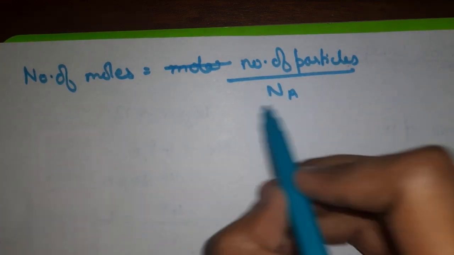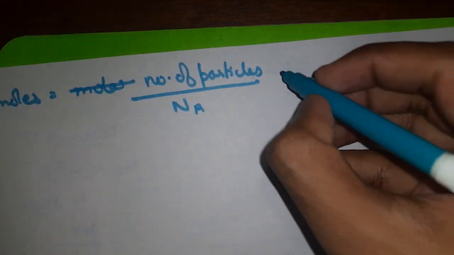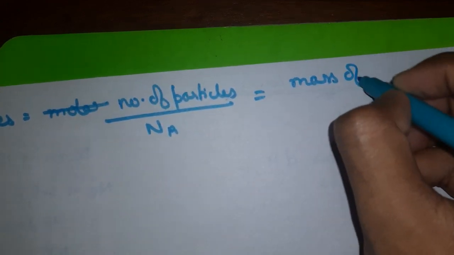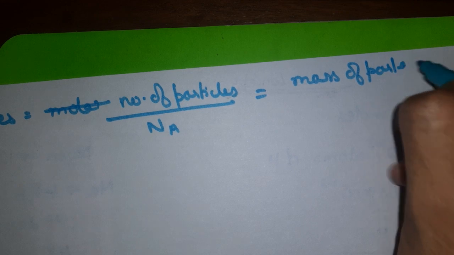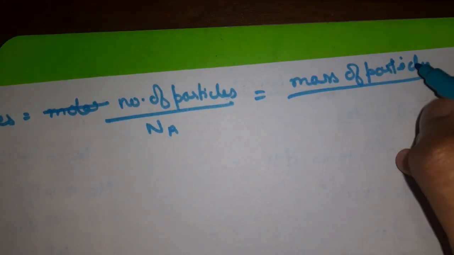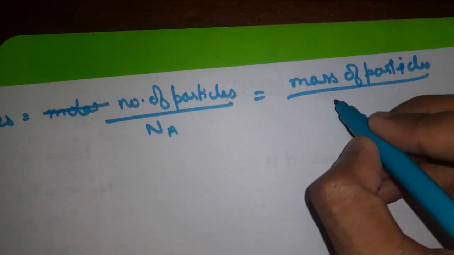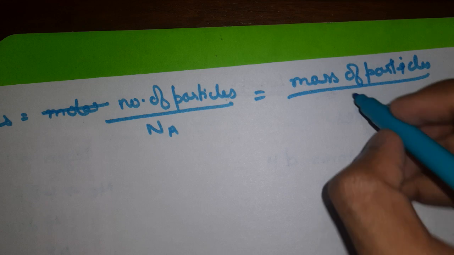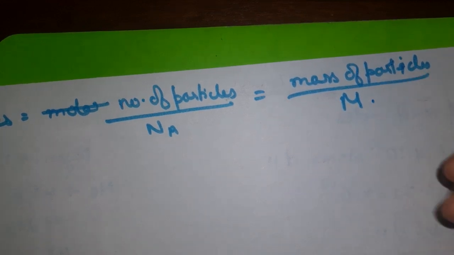That's a better way to say it, because every time you say that you understand what's going on. And it is also equal to the mass of particles that we have, or mass given, divided by the mass of 1 mole of the same particle, which is the molar mass, right?